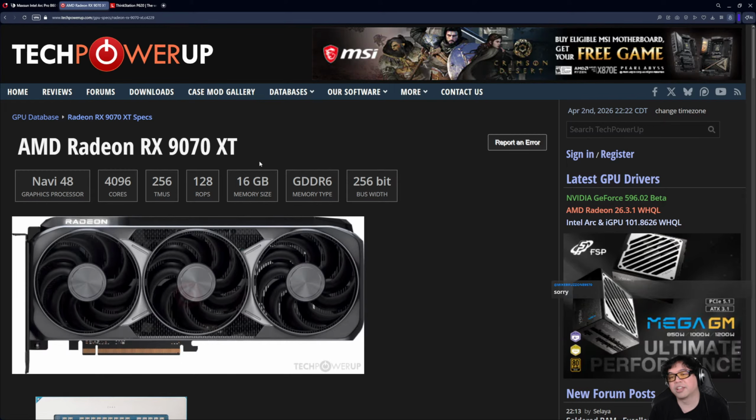So yeah, I kind of think it is going to be like 9070. 9070 XT, somewhere around there. Somewhere between those two, maybe closer to 9070. That seems to be about right. That's kind of what I would expect.